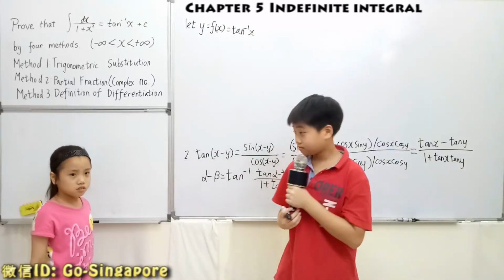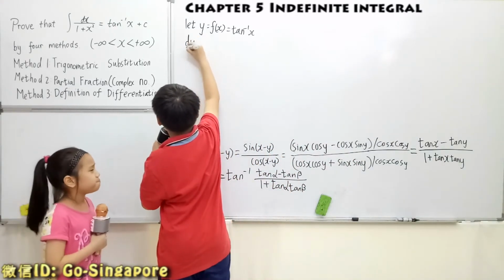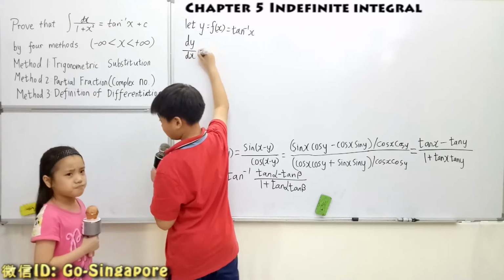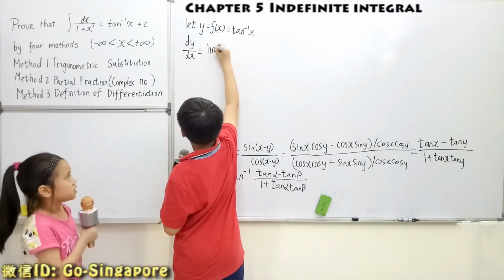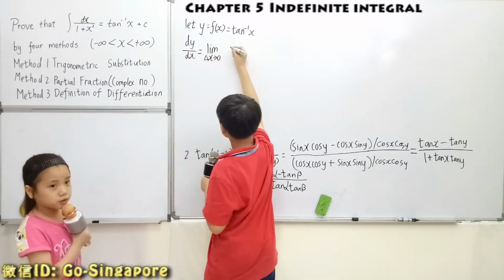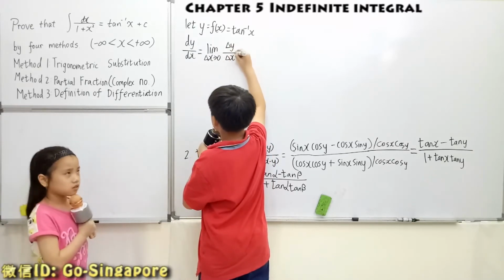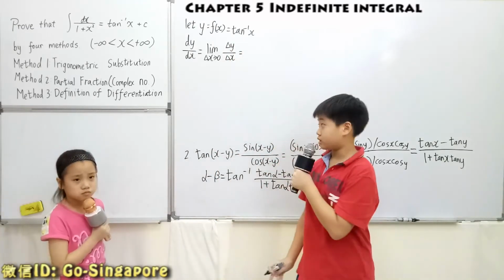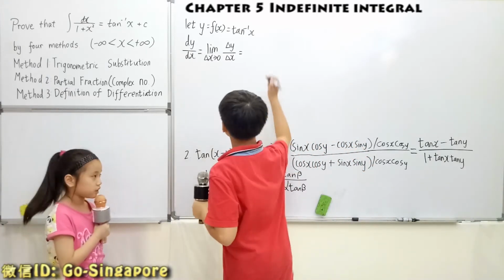Like this, is it okay? Okay, so right now, dy/dx will be the limit as delta x approaches 0 of delta y over delta x. Do you know what this is? This is the definition of differentiation. Yes.